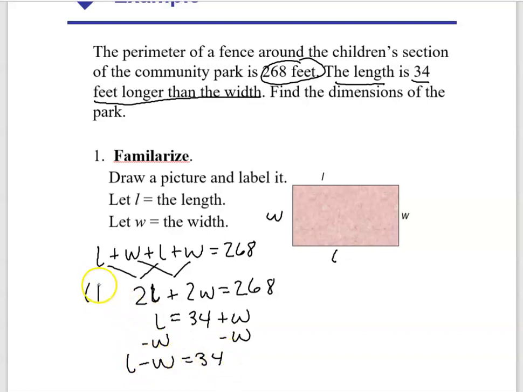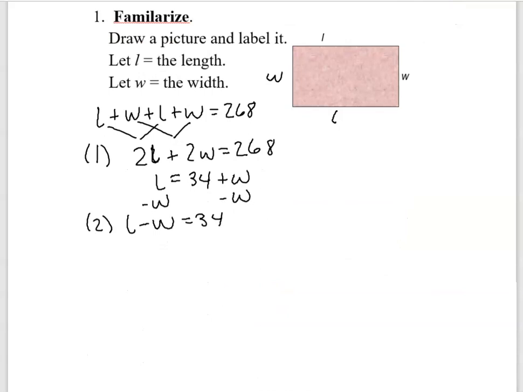So there's the first equation, and there's the second equation. I would have my L's lined up, and my W's, and my constant number, and my equal sign all lined up. So let's look and see what we've got. Sometimes it kind of helps just to write them right beside each other so you can see.